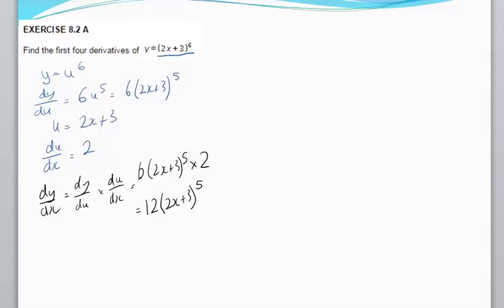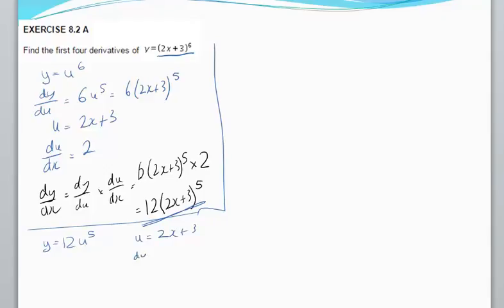Now for our second derivative. I haven't left myself a lot of space here, so we'll box this one out. That's my first derivative. For my second derivative, we're starting with this equation. If we write it out the same way as before, y is equal to 12u to the power of 5, where u is equal to 2x plus 3, and du on dx is still equal to 2.